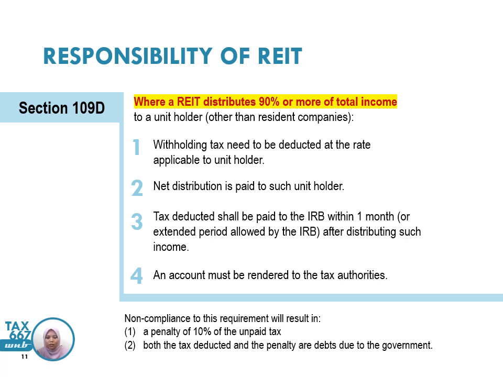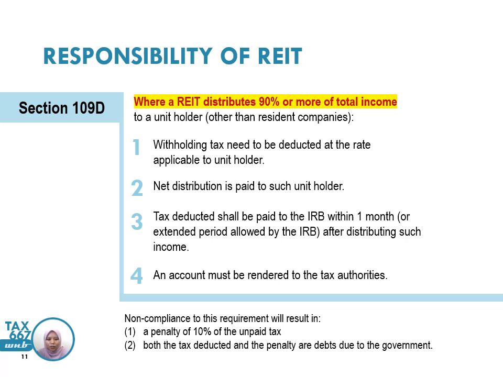What happen if REITs fail to do so? Untuk orang-orang yang tak berjaya memenuhi tanggungjawab dia tadi tu kan, dia dah dapat exemption tapi dia tak buat apa yang section 109D kata. So, it will impose a penalty of 10% of the unpaid tax. Tax yang you tak bayar tadi tu, withholding tax yang you tak bayar tadi tu, dia akan charge lagi 10% penalty.